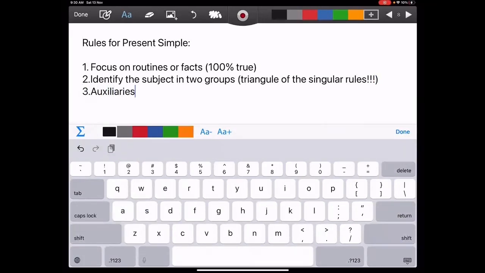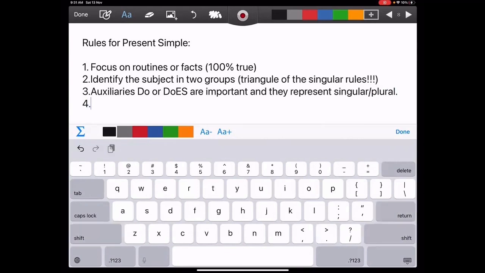After you focus on the routines and then you identify the subject, you need auxiliaries, helpers, for interrogative and negative forms. And do and does will make you remember that the subjects that are singular need the s at the end of the auxiliary. So, the s in does represents the singular subject, never the plural. So don't get confused on that.